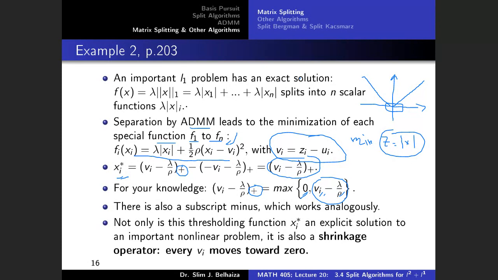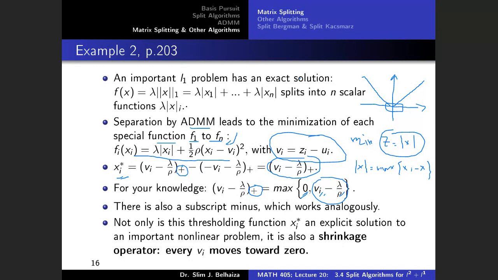So usually what we can say is that the absolute value of x is in fact the maximum between what and what? It's the maximum between two values, which are x and minus x. Am I right? Yes.